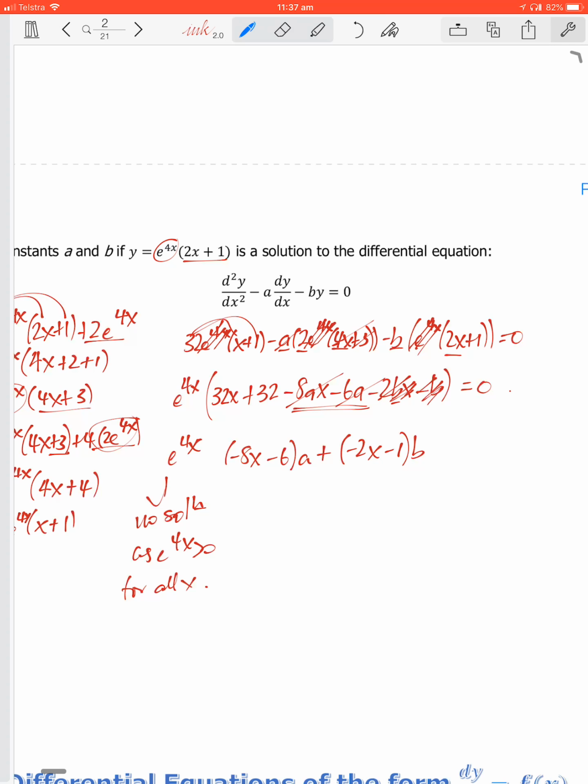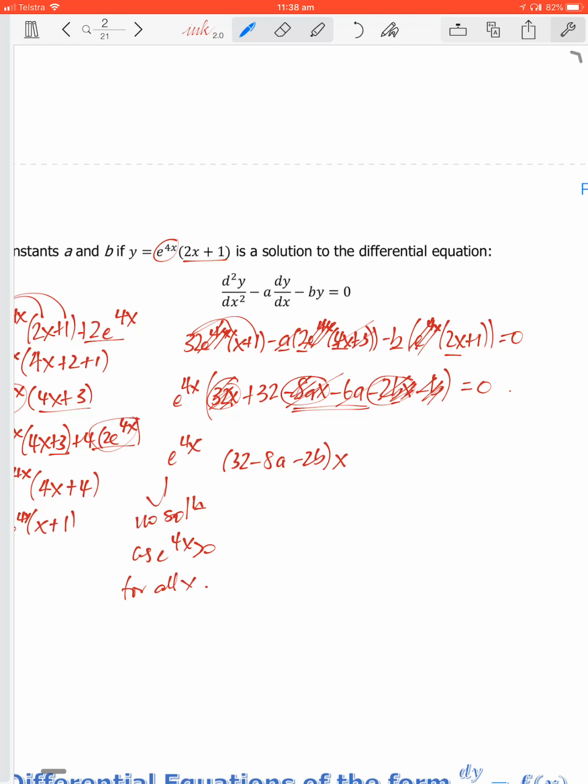No, we need to get it in terms of x's. What am I thinking? Because then we can equate coefficients. Okay, so from here, all of our x's, 32x, negative 8x, negative 2bx. So 32 minus 8a minus 2b x.